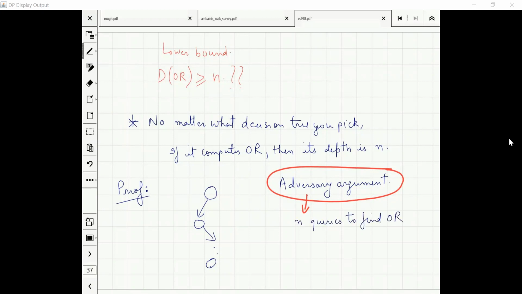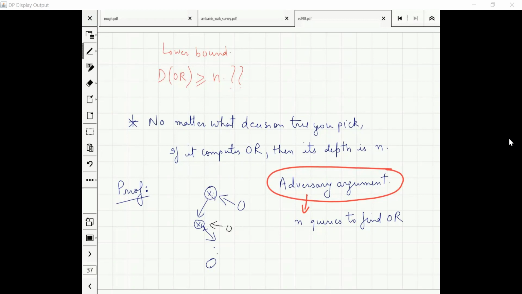Now, given an algorithm, what does the adversary do? The adversary says, let's pick the first index. You must have asked some index here. Whatever you have asked, I will give you an answer. Then depending on my answer, you will again ask something else, let's say x_{i2}. I will again answer.